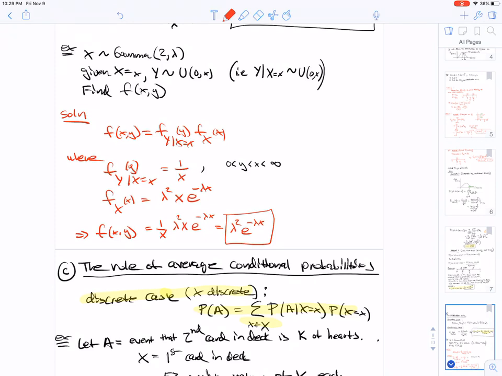Furthermore, since x is gamma, I can write out its density, and then when I take the product, the x's cancel, and you just get lambda squared e to the minus lambda x.